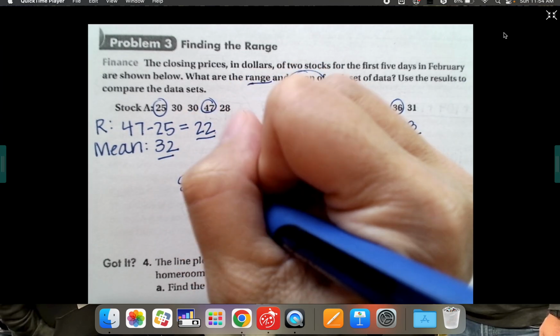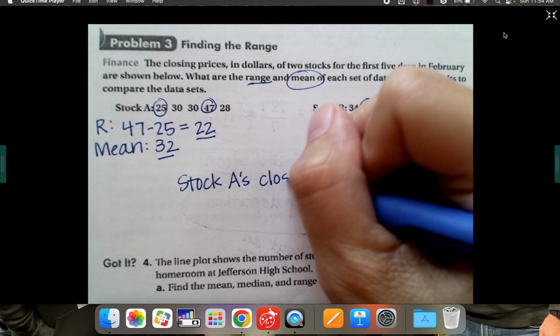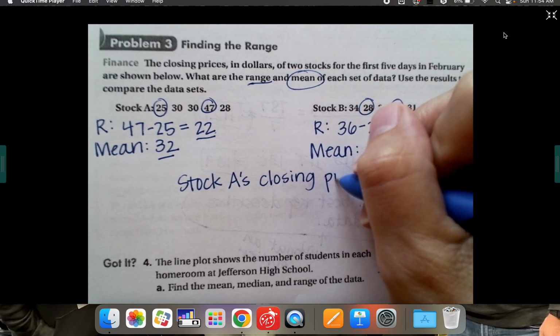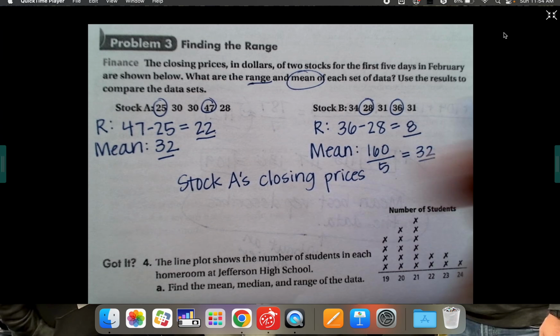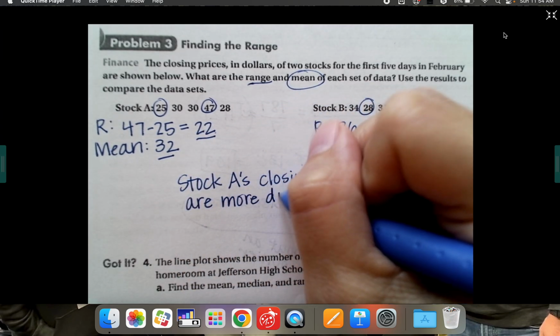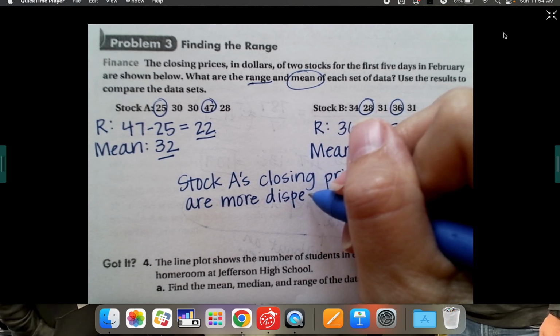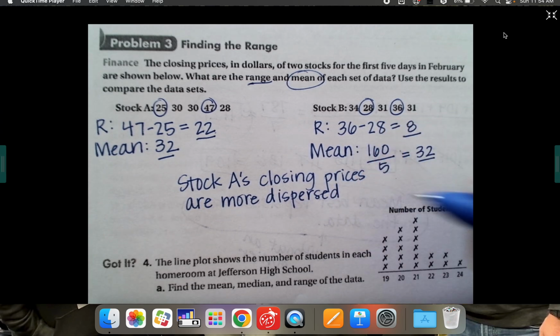We're going to say stock A's closing prices are much more dispersed. So since the range is bigger, that makes it more dispersed. There we go.